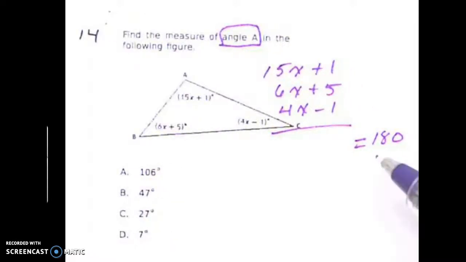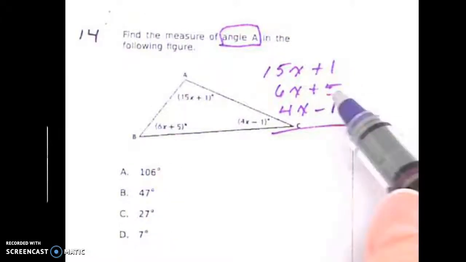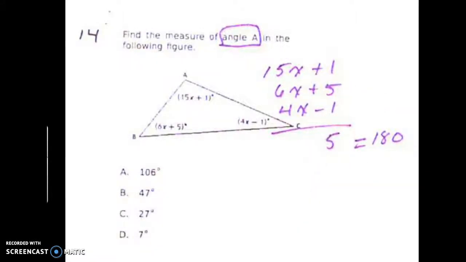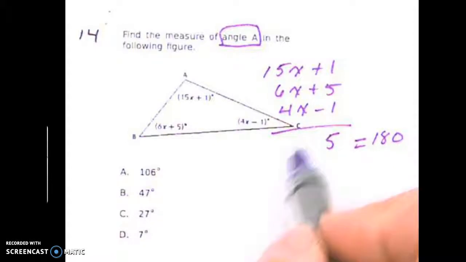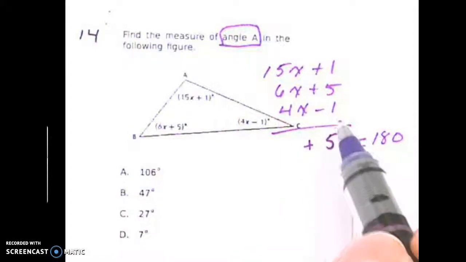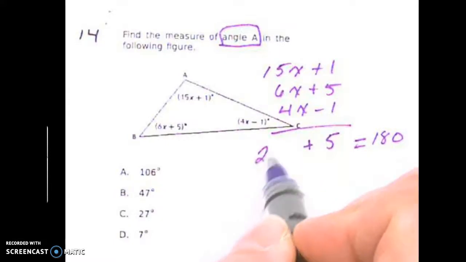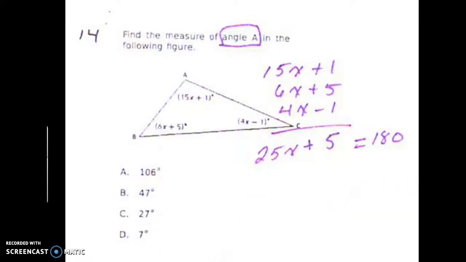It's easier for me to add them in columns this way. If I'm adding 1 plus 5 minus 1, I get a 5 for my constant term. If I add 15x plus 6x plus 4x, I get 25x. I've got a 2-step equation to solve, or you could put it in y1, y2 in your calculator.